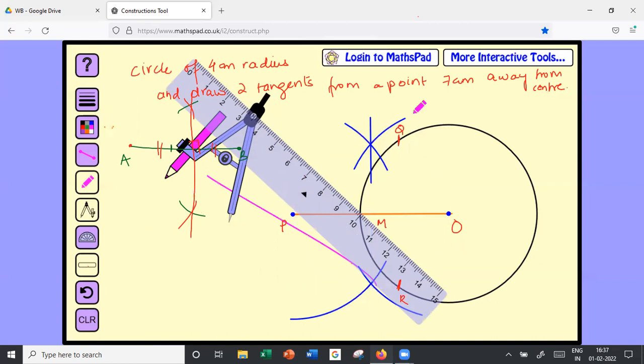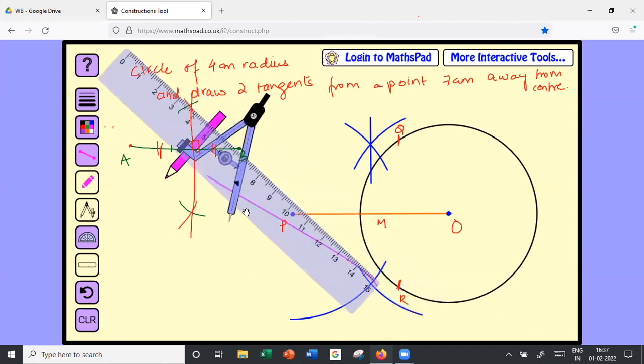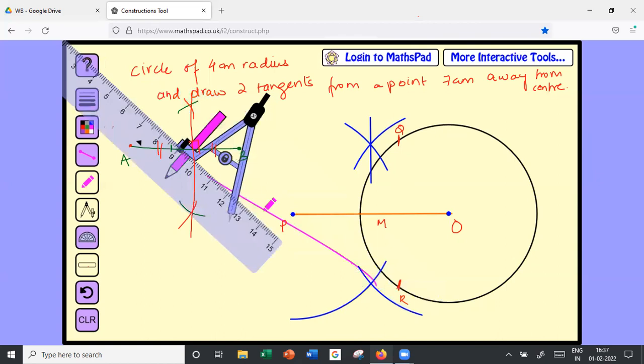Ma'am, is it really necessary to draw the whole second circle? No, actually it is not. But nowhere have they said that it's okay if you don't. See, the point of the second circle is just to get these points Q and R for PQ and PR.